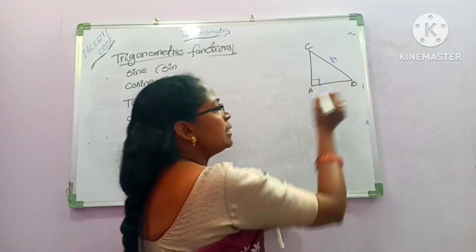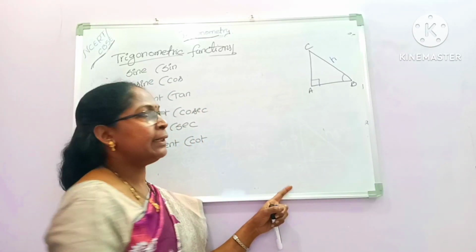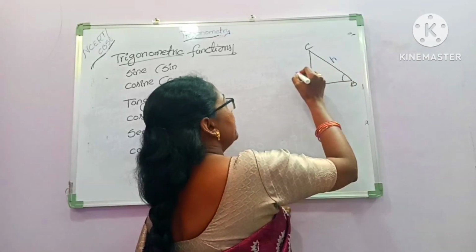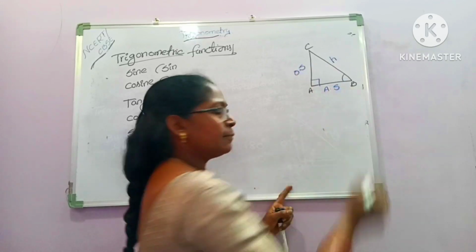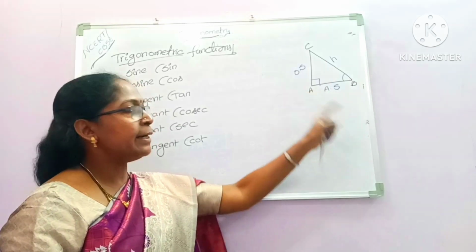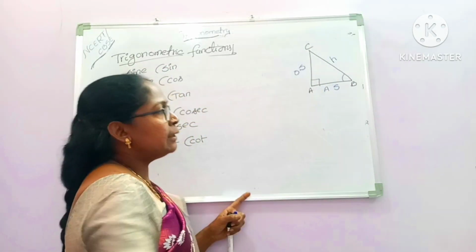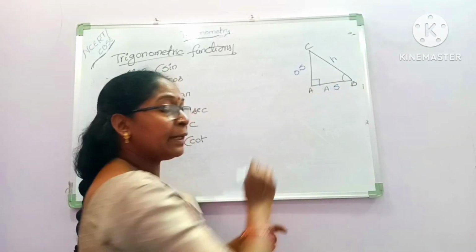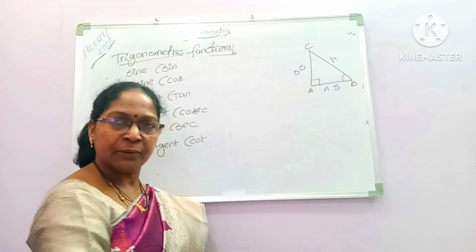In this right angle triangle ABC, this is the hypotenuse, and I am taking B as the reference angle, so due to that, this is the opposite side and this is the adjacent side.